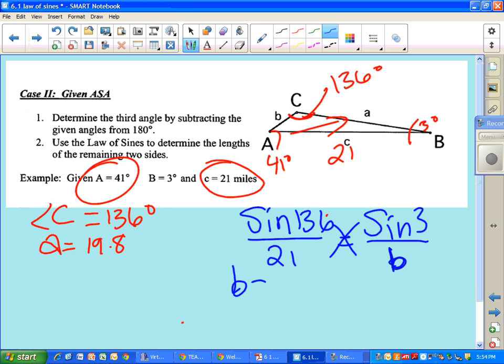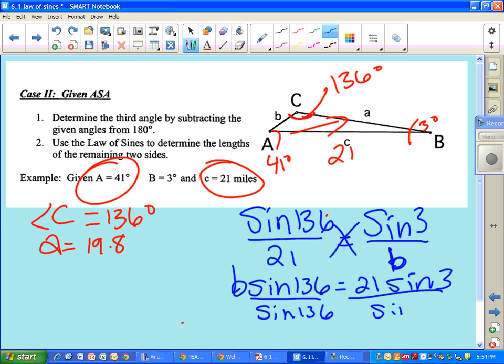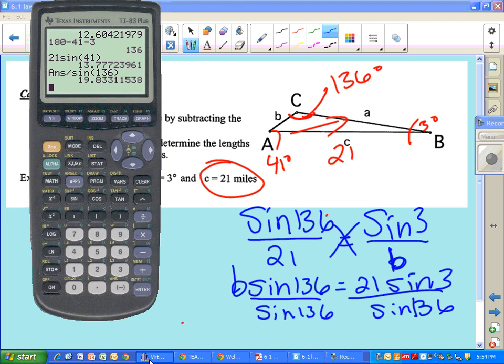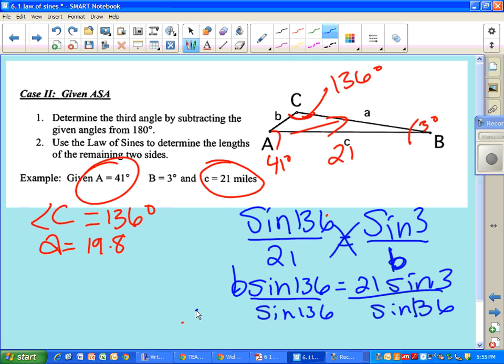I have b sine of 136 equals 21 sine 3. Now divide by sine of 136. Then plug it into your calculator: 21 sine 3 divided by sine of 136. And I get 1.6 if I round that, and that answer makes sense.